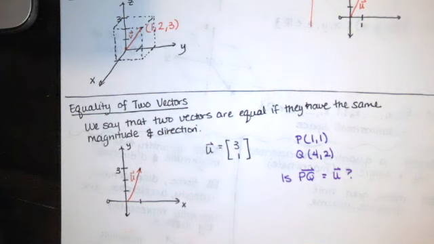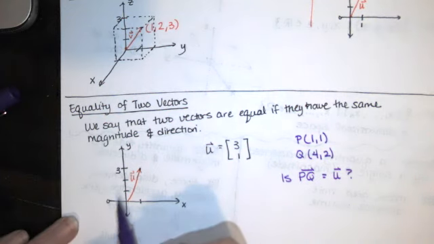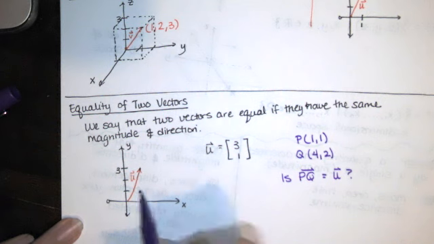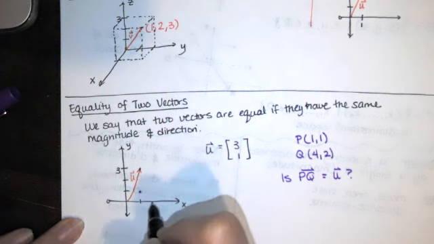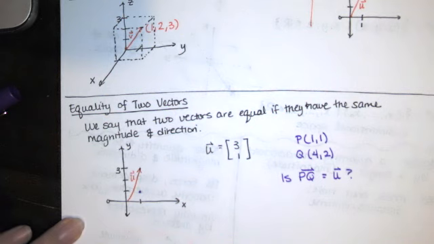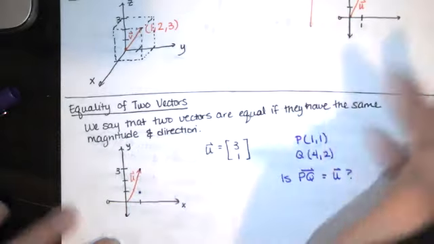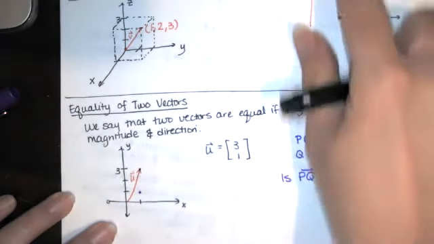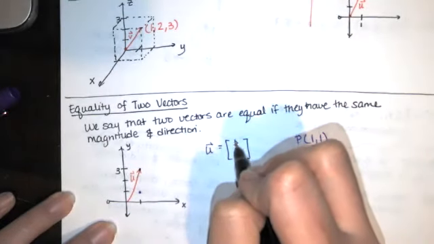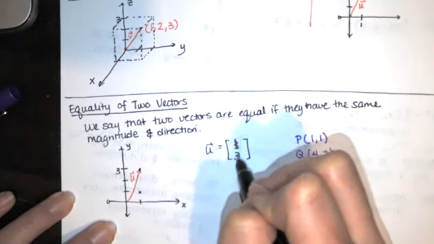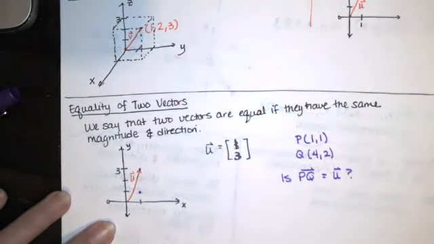Well, if I want to figure that out, let's sketch that. We'll go to x equals 1, y equals 1. And then we'll go to x equals, oops, I think I did this backwards. I had 1, 3 here, not 3, 1. This one's not going to work.